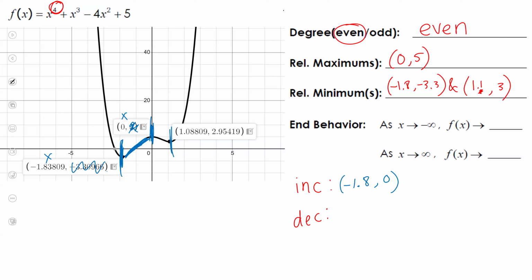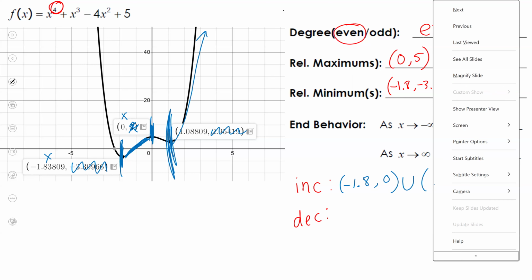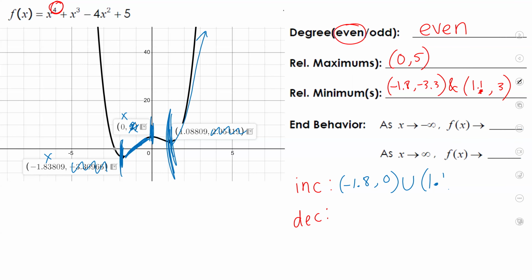So these y values do not matter. Okay, and then it looks like we're increasing again from here to infinity. So that is 1.1 to infinity. That's where you're increasing.